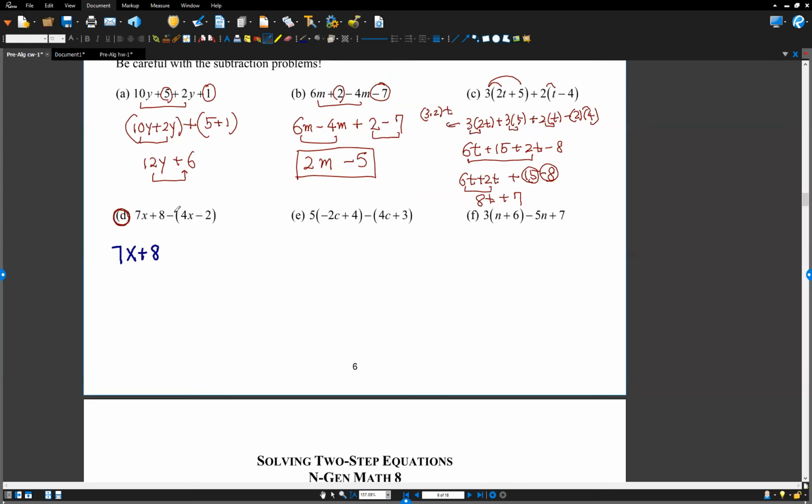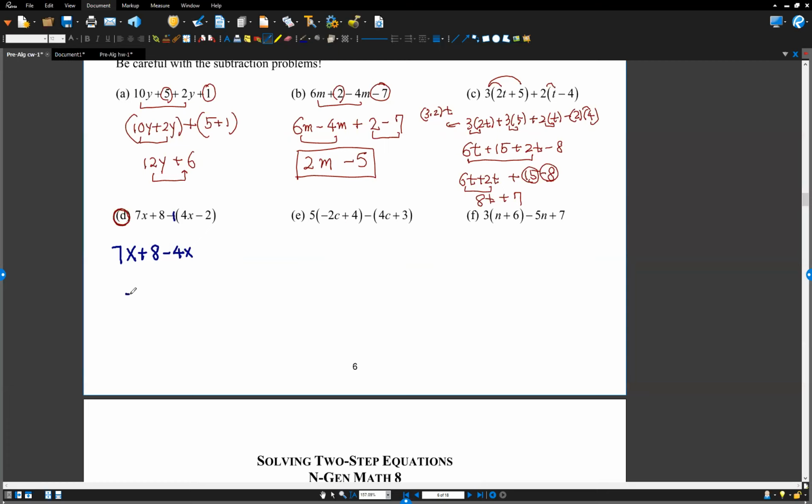That looks like a -1 over here, okay? So -1 times positive 4x. How can you open this one? -1 times 4 is what? -4x, isn't it?